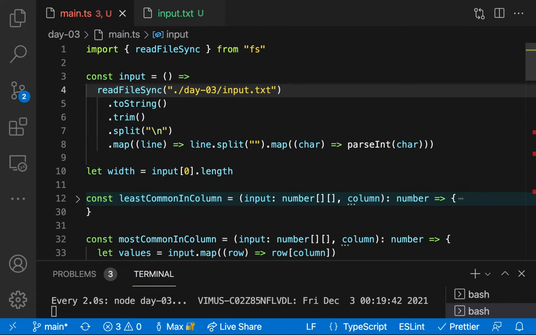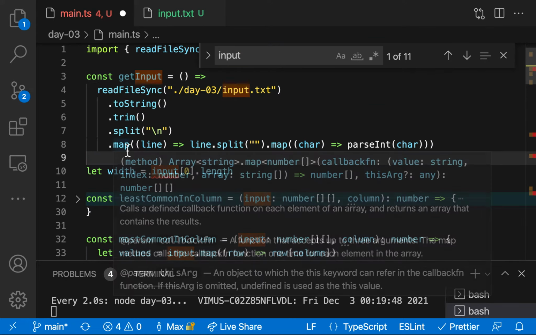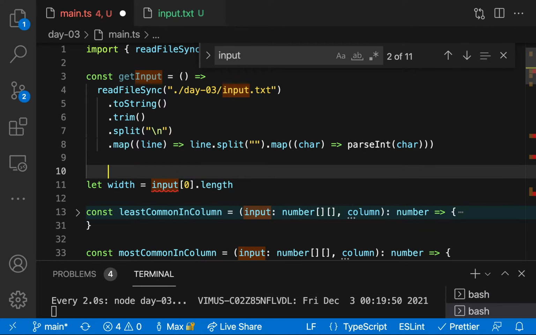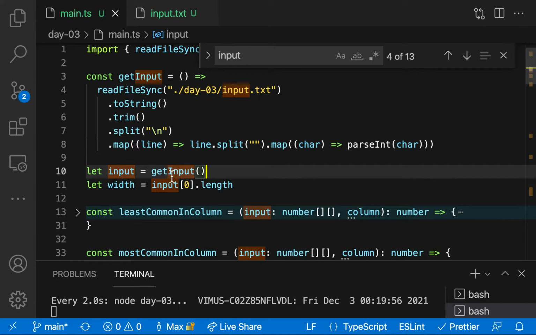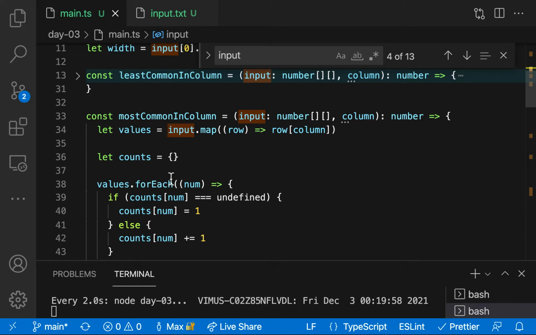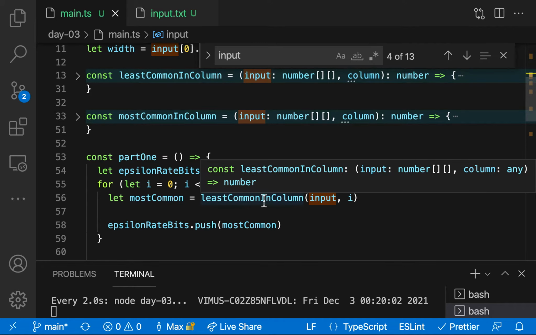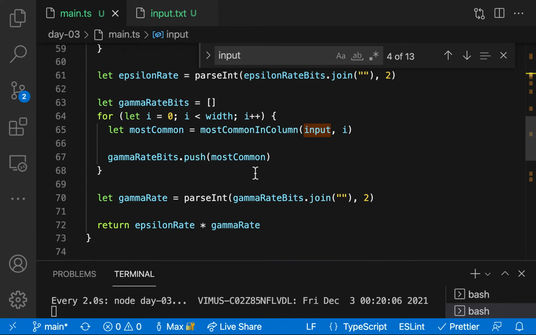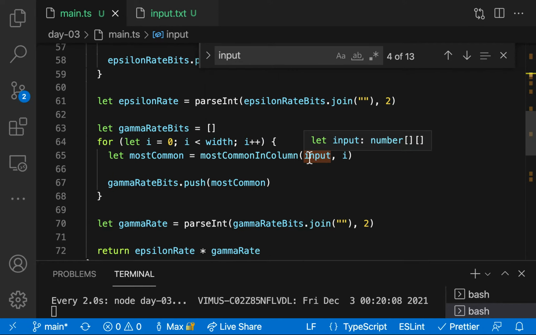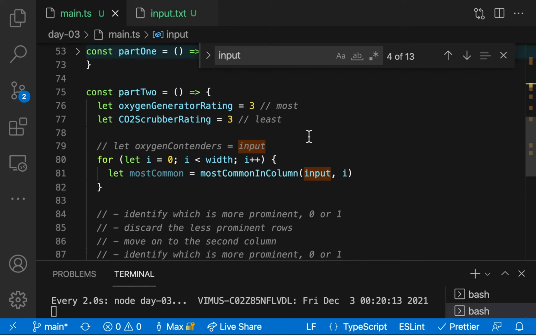And wrap that in a function and call it get input, and then say let input equals get input. Then come down, don't care about part 1 anymore.